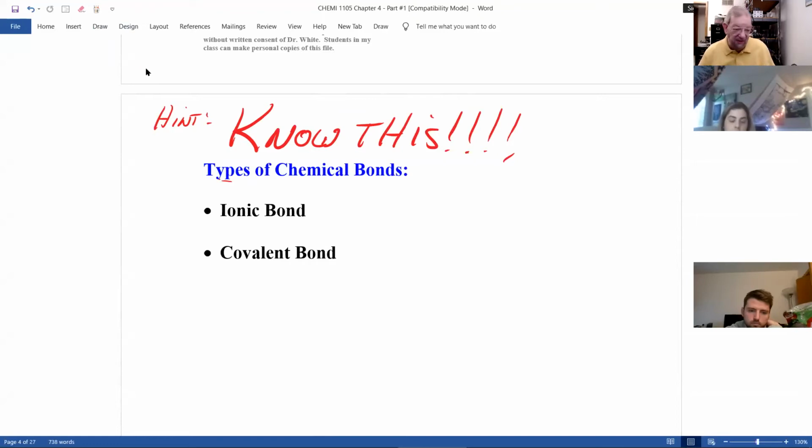Hint, know this, I'm being subtle again. And the two types are ionic bond and covalent bond. In any molecule of any substance, there are two types of chemical bonds. One is ionic bond and the other is covalent bond. And you should know this.